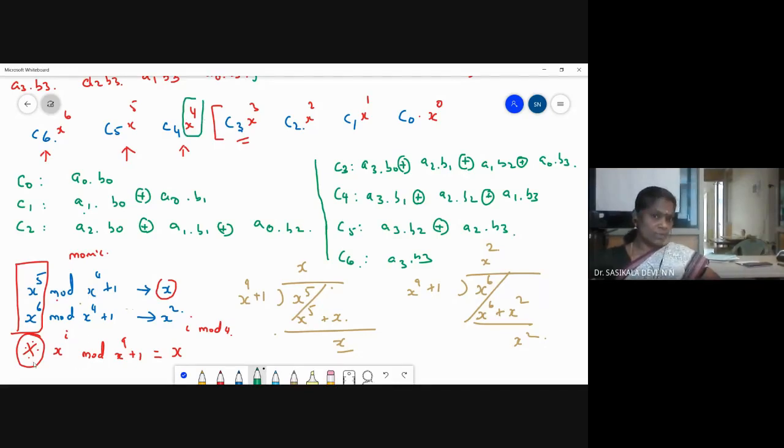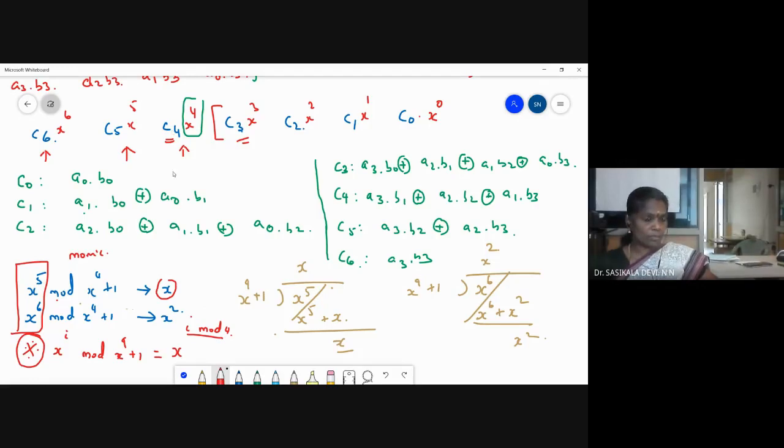So C4 x power i mod x power 4 plus 1. This is nothing but x power 4, that is x power i, this term x power 4 mod 4. 4 mod 4 is 0. Let me use the same red color. So this indeterminate with coefficient C4 can be replaced as x power (4 mod 4).